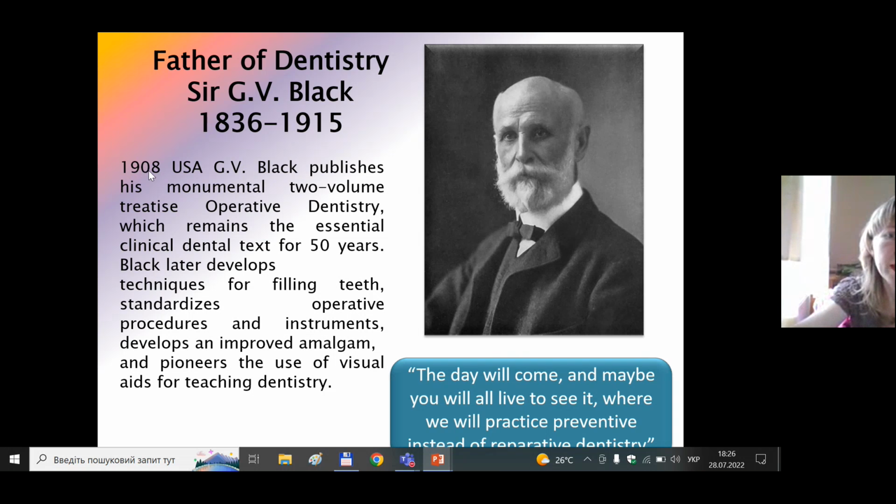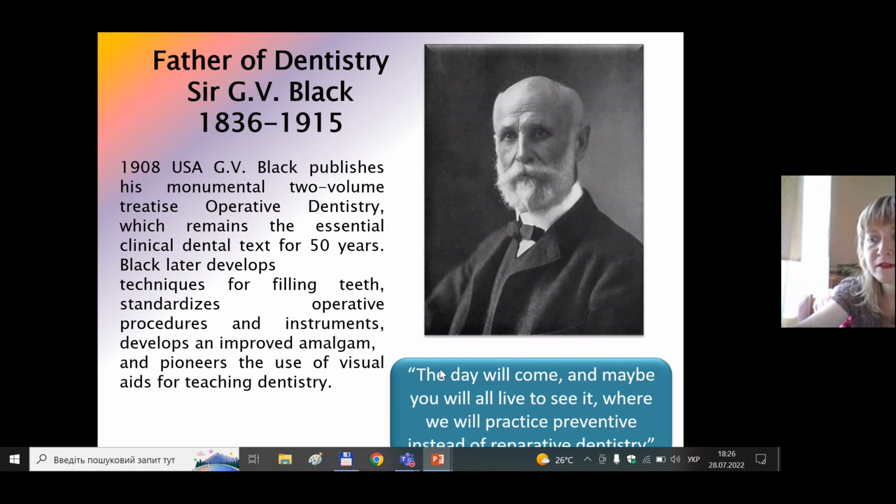In 1908, in the USA, Greene Vardiman Black published his monumental two-volume treatise Operative Dentistry, which remained the essential clinical dental text for 50 years. Later, Black developed techniques for filling teeth, standardized operative procedures and instruments, developed an improved amalgam, and pioneered the use of visual aids for teaching dentistry.